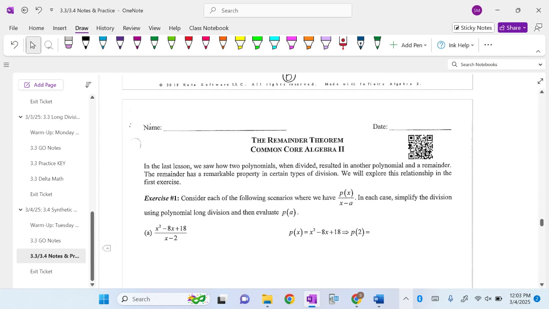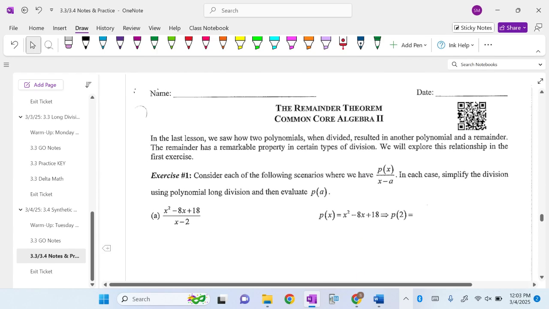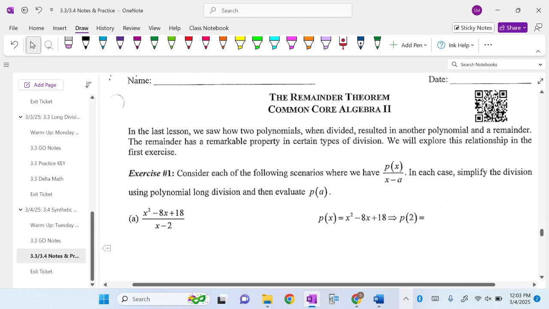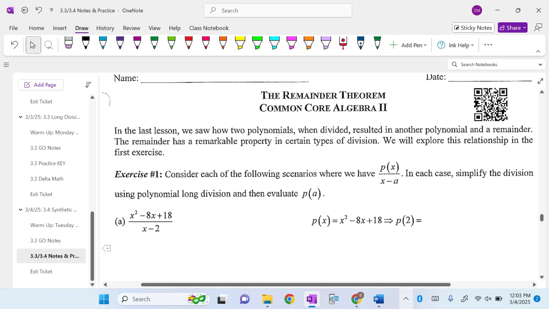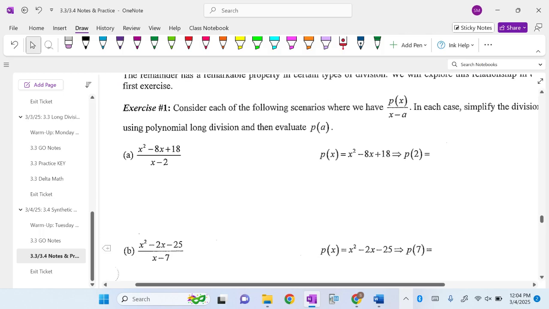So the other thing that we're going to talk about today is the remainder theorem. And the remainder theorem is very, very easy. All right, but it has to deal with division. So what we're going to do first is that we're going to simplify each of these using polynomial division.